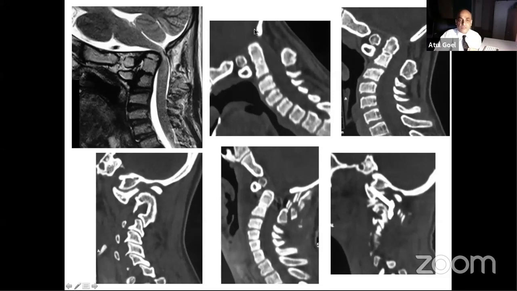But this formation is an indicator of an unstable atlantoaxial joint meriting the need for fixation. And once you fix, the fusion of this area will automatically come and the bifid will not remain bifid.